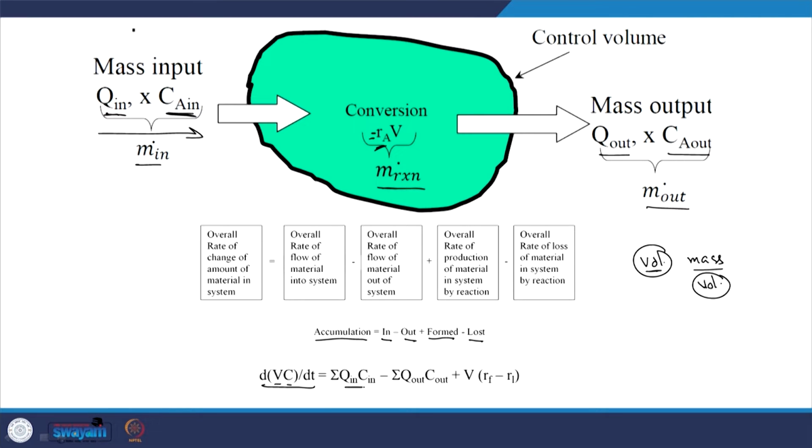Summation of all the mass coming in via the flow or due to advection here, Q in C in, that is something that we looked at, and all the flow that is leading to loss of the mass or mass output. So, mass in and mass out, and then the compound being formed or lost, and we multiply by volume, so that the units stay the same here, right. So, that is what we have out here.